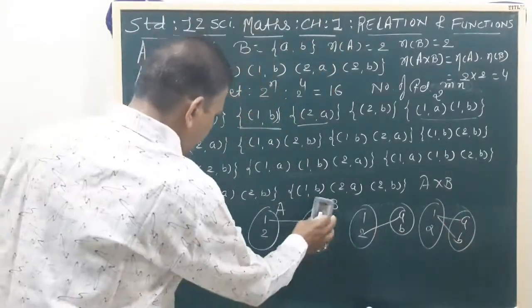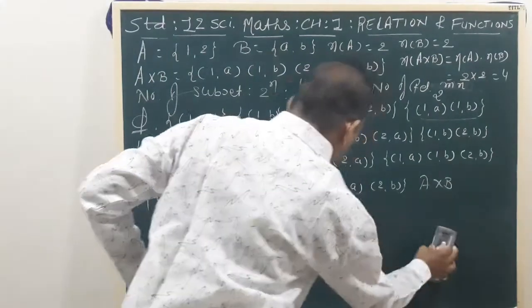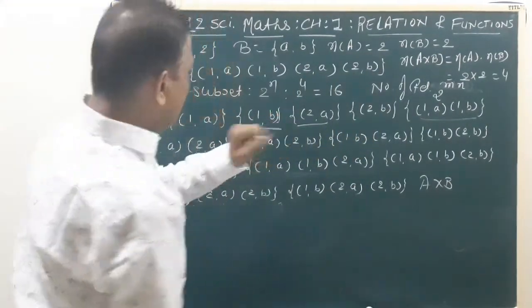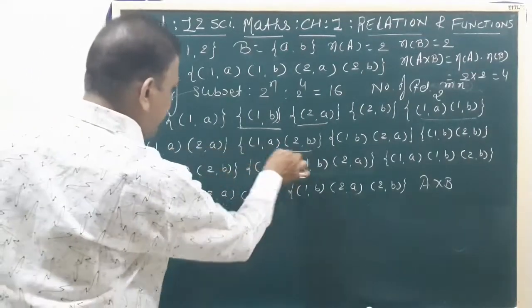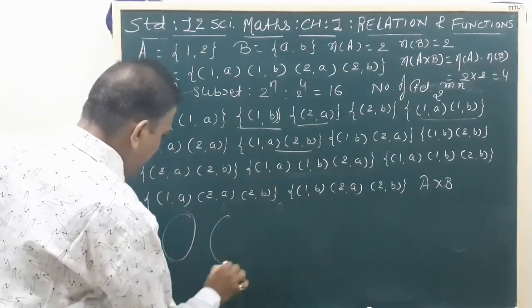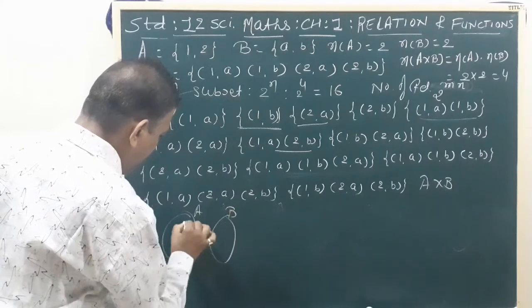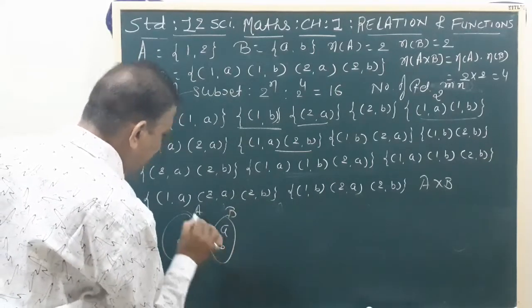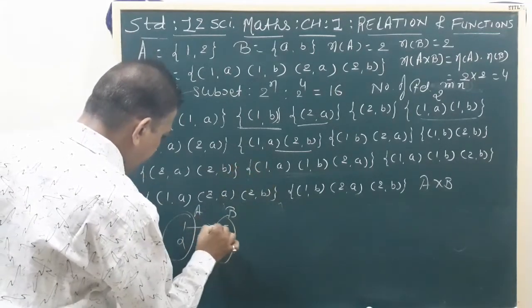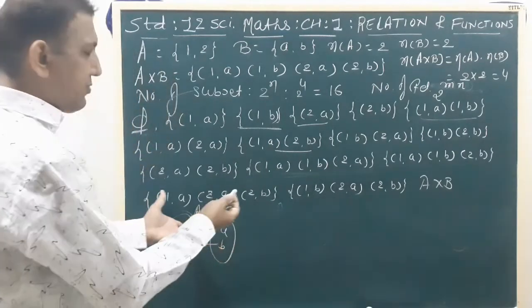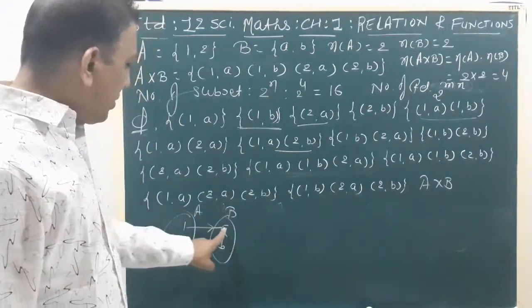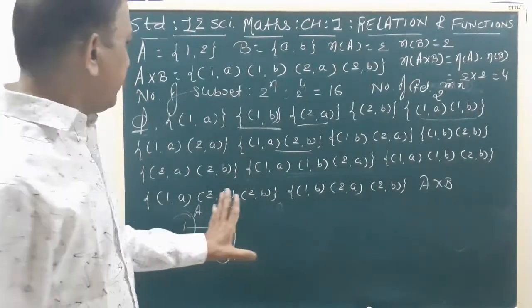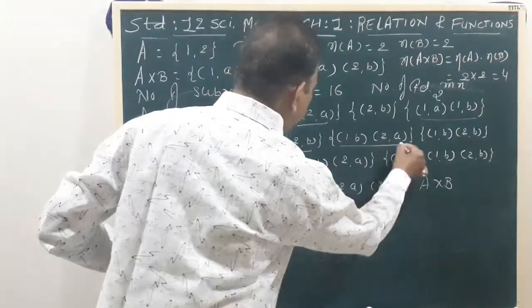Okay, now we draw the function figure. Now 1A, 2B. First figure: A, B, 1, 2. 1A, 2B. This is a function. Look here, each and every element has one and only one relation. Now 1B, 2A.